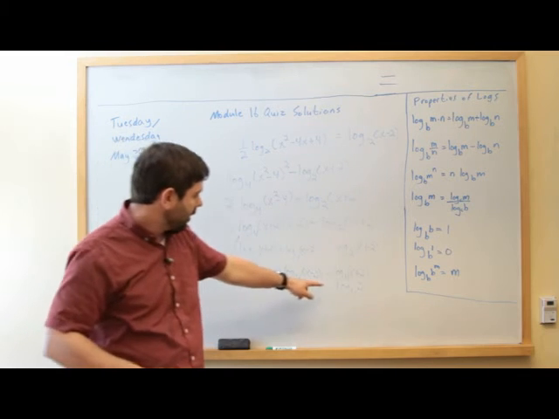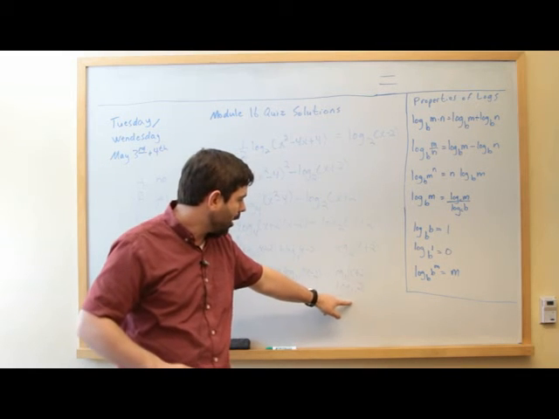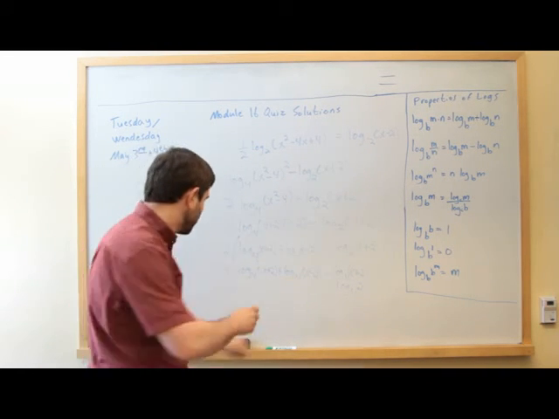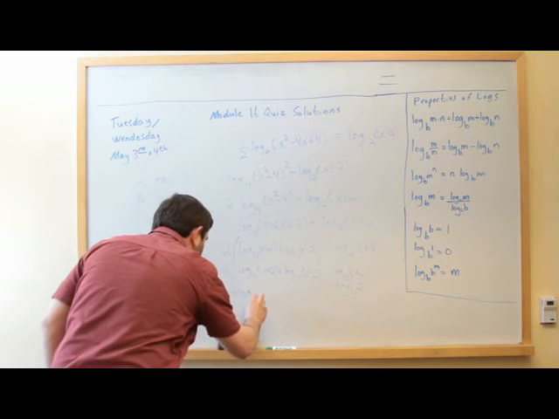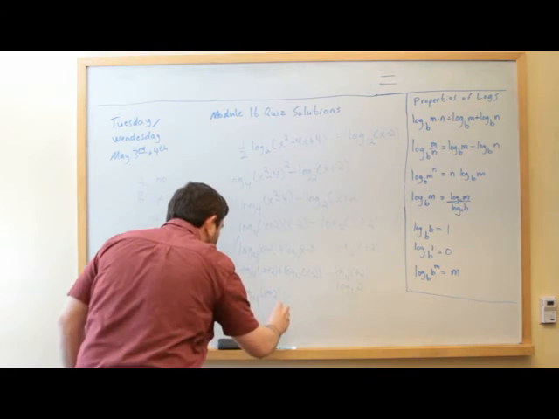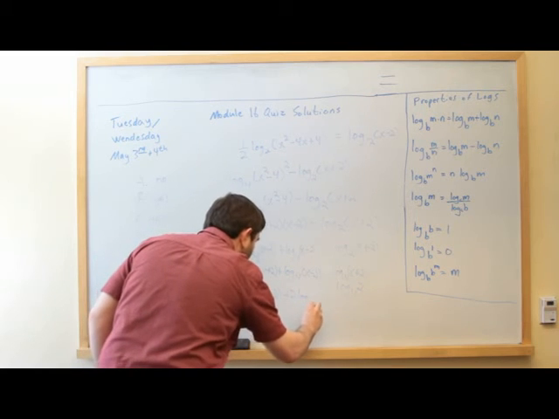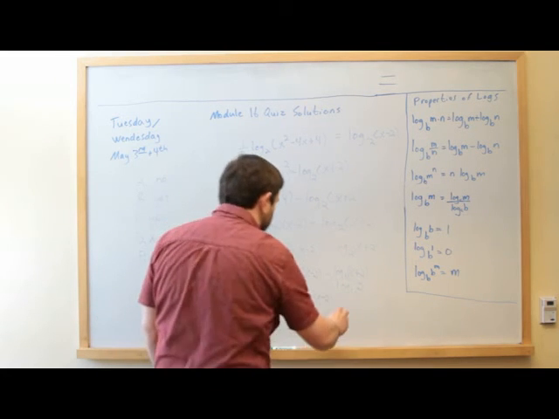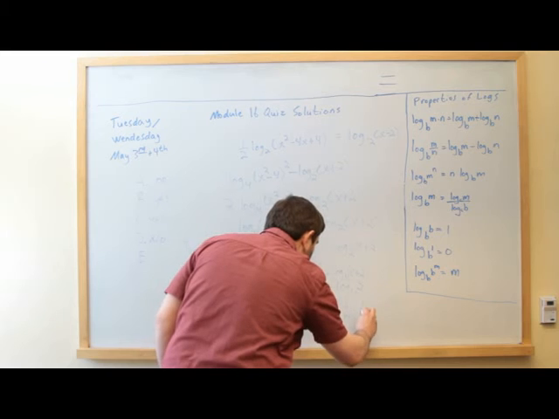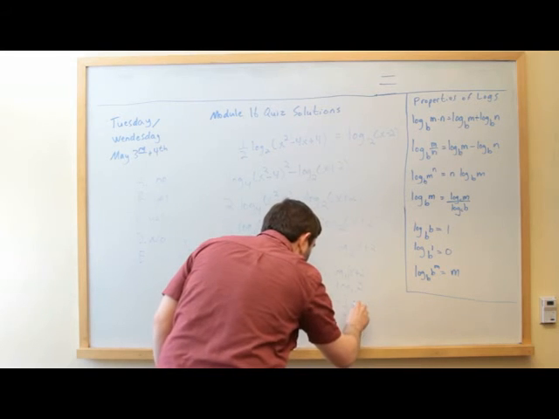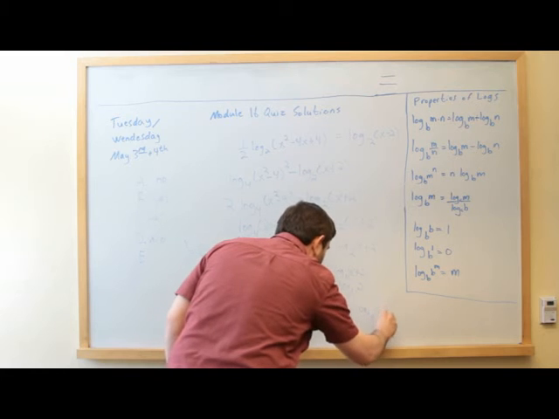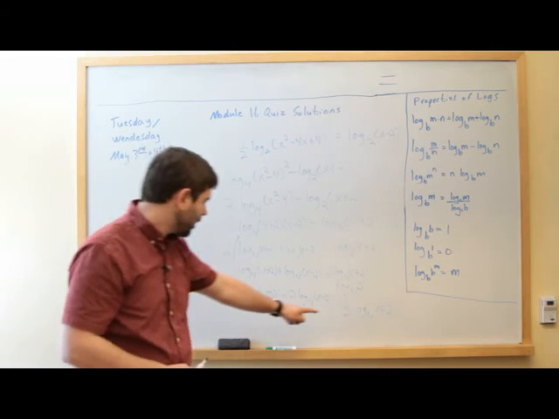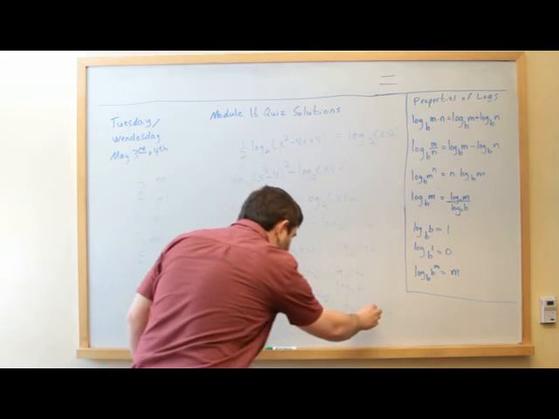Okay, when we actually do this log of 2 divided by log of 4, we get 0.5, which is a half. So I'm going to go ahead and distribute this 2 out into here. We're going to get 2 log base 4 of x plus 2 plus 2 log base 4 of x minus 2 minus 1/2 times log base 4 of x plus 2.